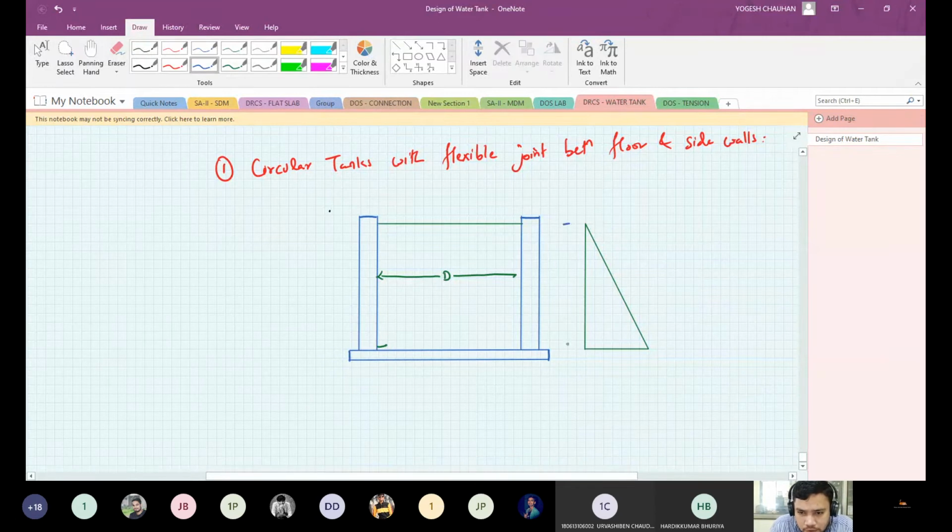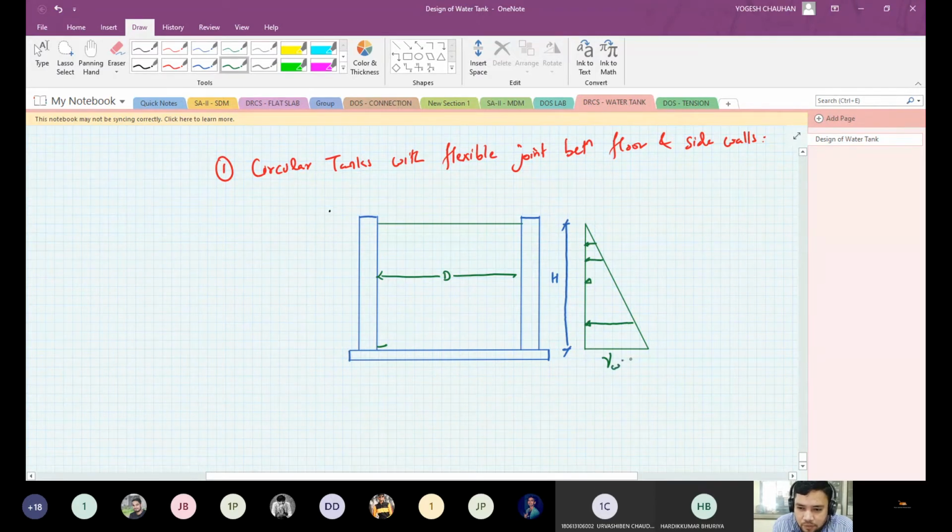Here, this is H. If you remember, in the earth retaining structure, the pressure at the base of the triangle is gamma S times H, where gamma S is the unit weight of the soil.